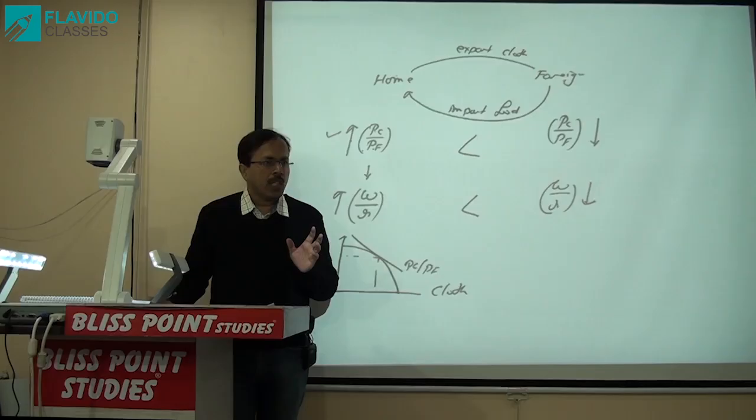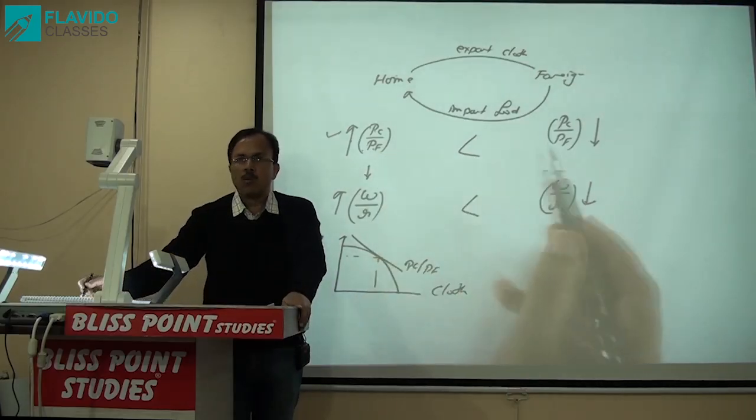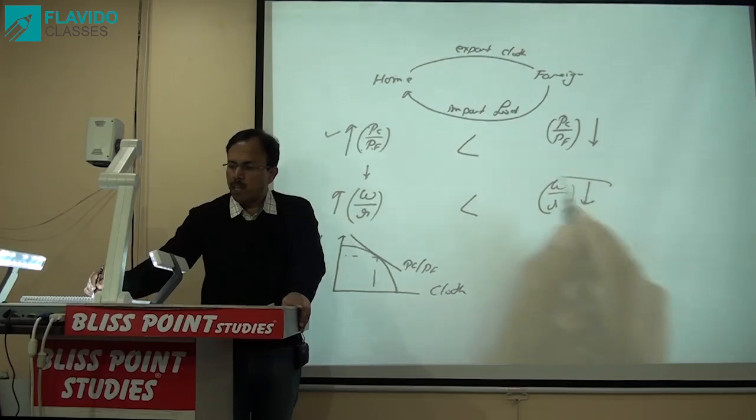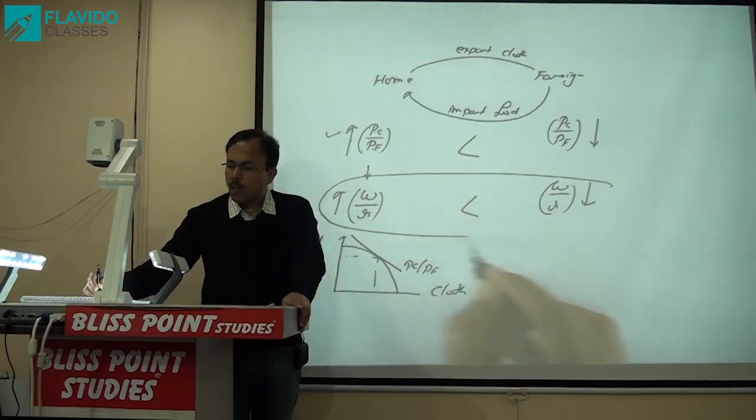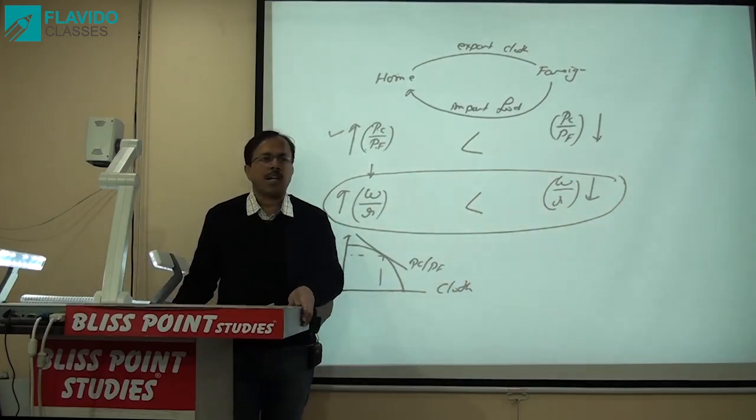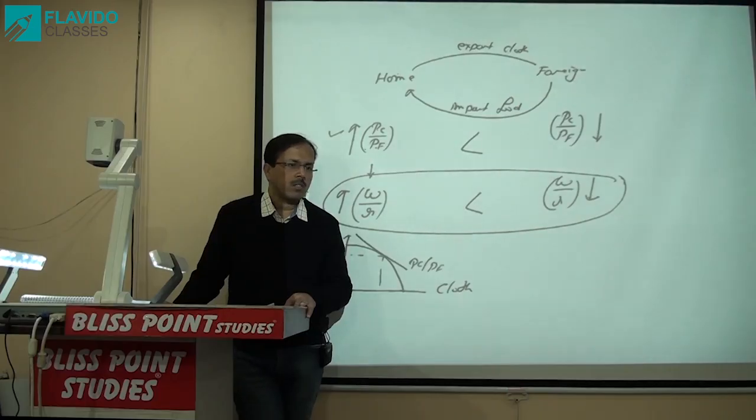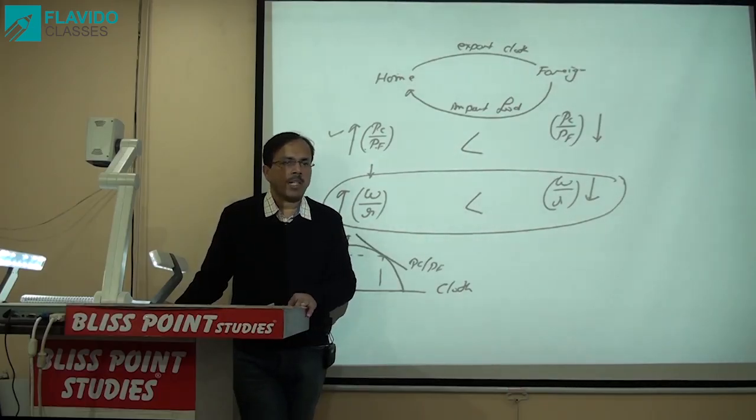So although there is trade of goods, so prices of goods are equalized, at the same time, even when factors are not mobile, the prices of factors are also equalized. It is nothing but factor price equalization.